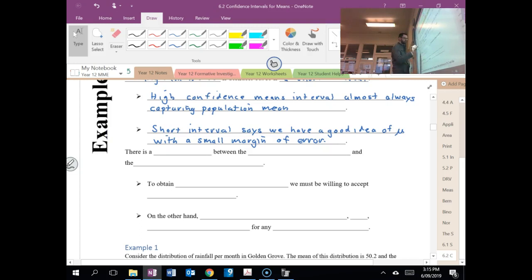So there's a trade-off between confidence level and the width of the interval.